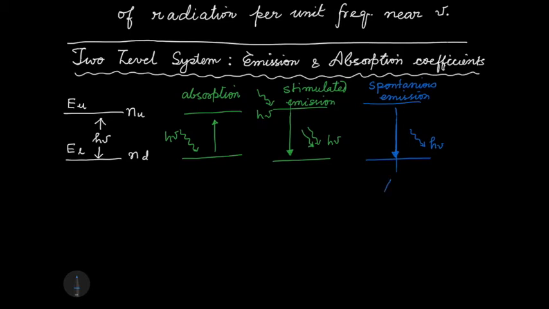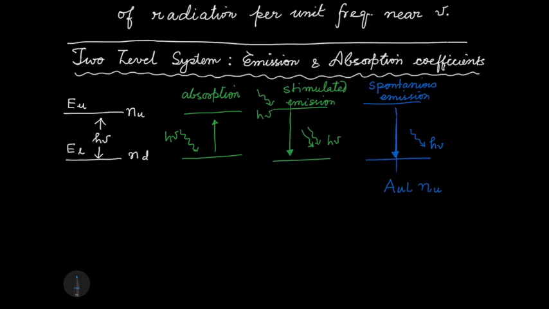Now, we will write all the emissions with positive signs because that adds photons to our net photons. Remember last time we wrote down A_UL, the Einstein coefficient, which could be calculated from the quantum mechanics of atomic transition.